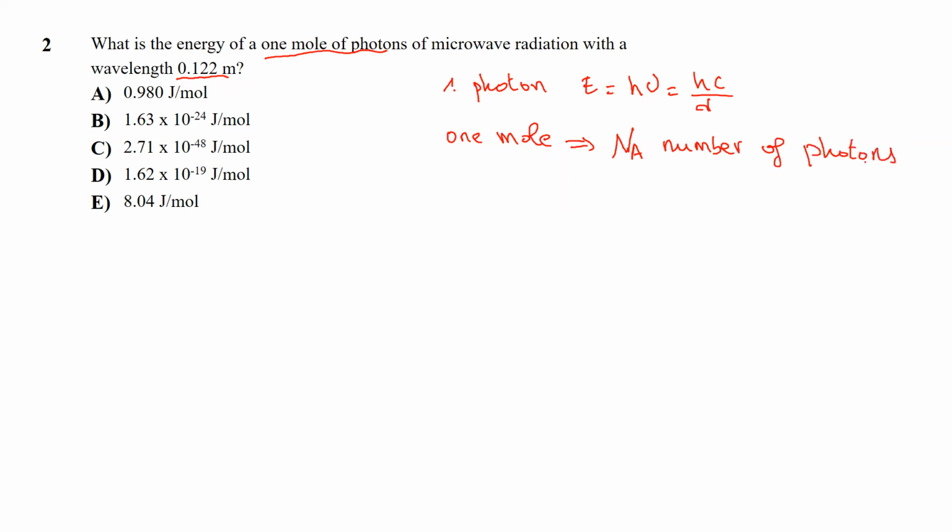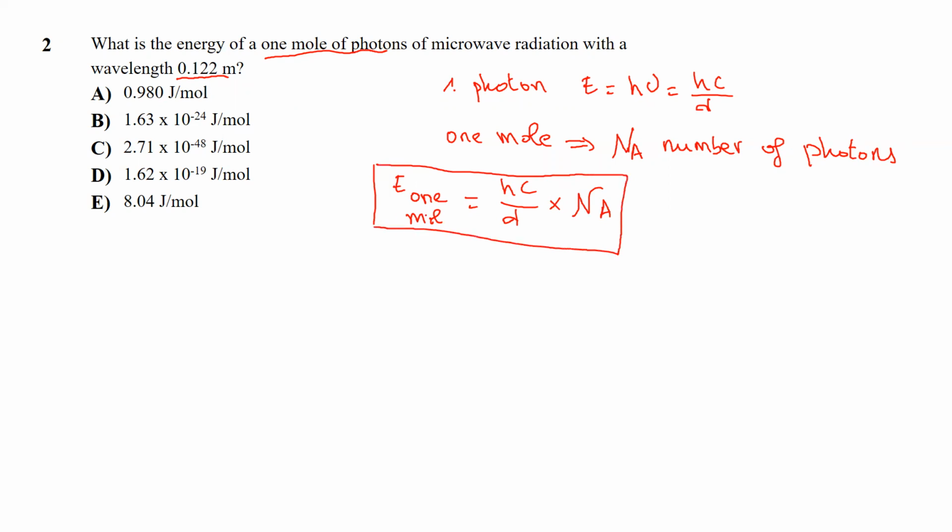If I want the energy for 1 mole, I need to do hc over lambda and multiply it by the Avogadro number. Just remember that hc over lambda is for 1 photon, and for 1 mole, I have an Avogadro number of photons. So I need to multiply this by 6.022 times 10 to the power 23.